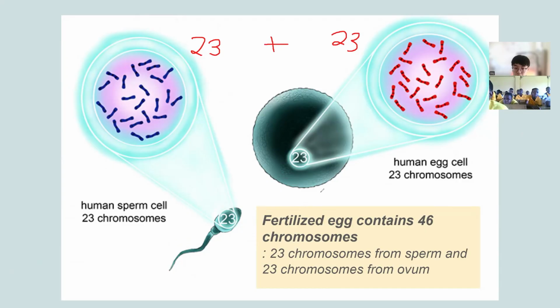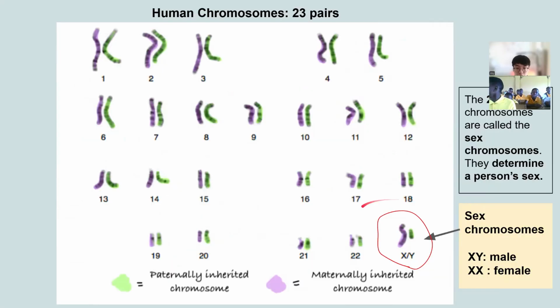And humans therefore have 46 chromosomes. This is just looking at how it occurs. And you can see the 46 chromosomes here. And you can also see that it has 23 pairs, so 46 in total.